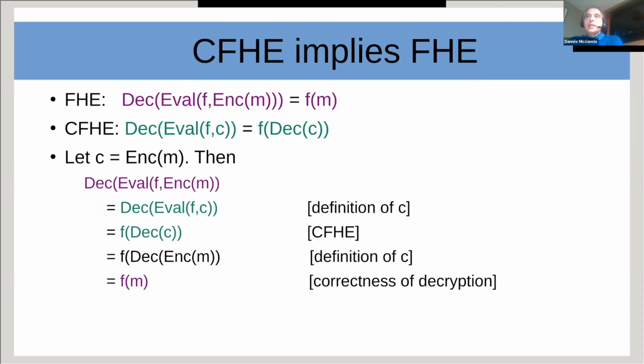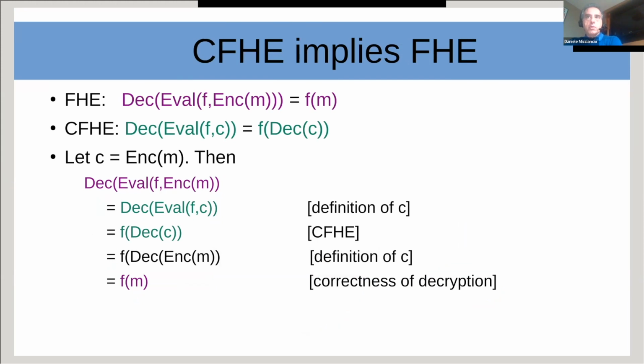Now, it's easy to see that the composable definition implies the traditional one, and here is a proof, but let me just skip this. You can work it out by yourself just using the equations of the two correctness properties. The problem I want to talk about is the opposite direction.